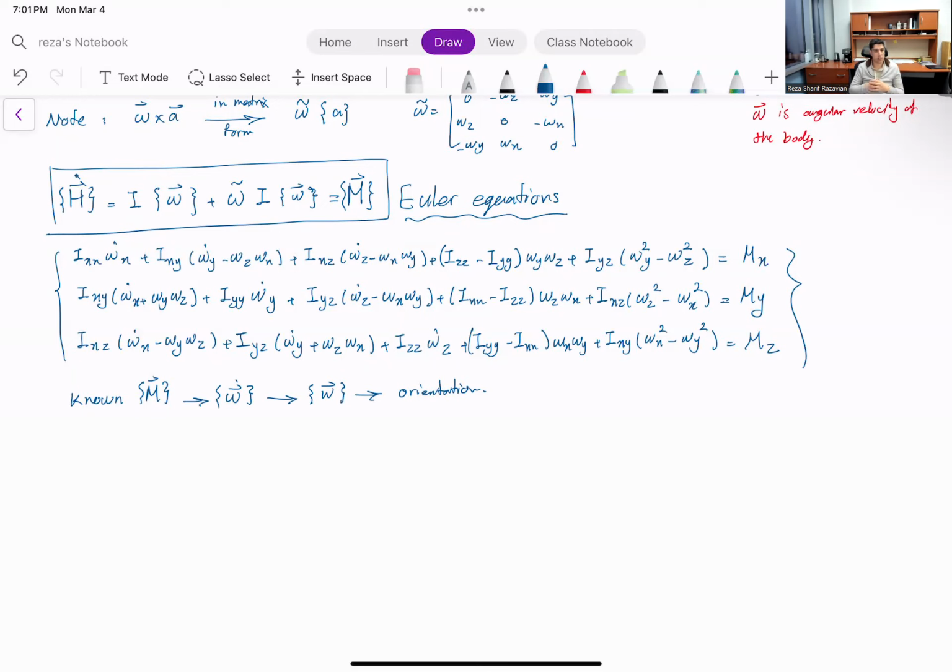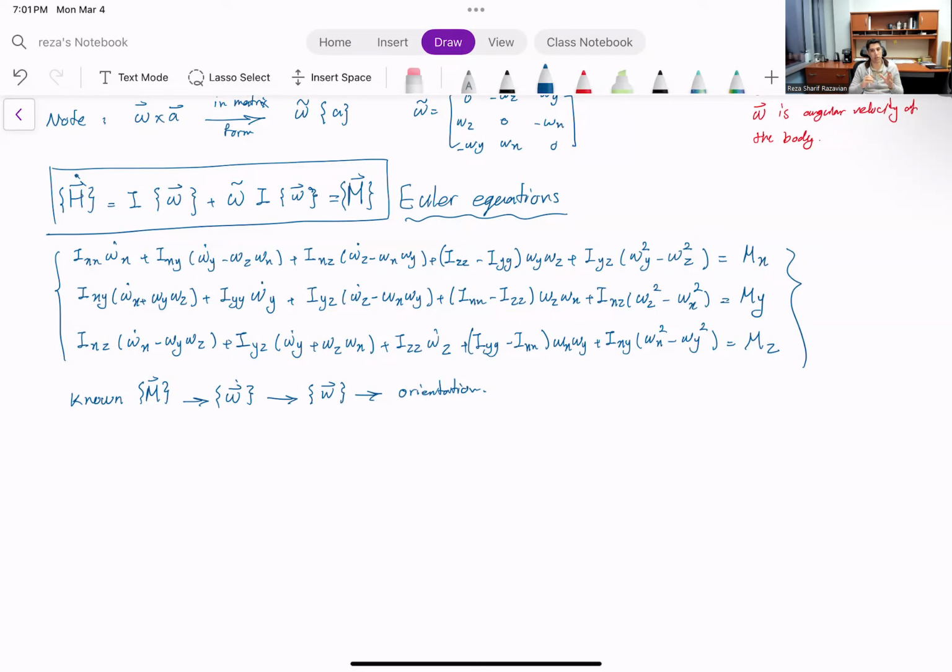As you can see, these equations are significantly more complex than Newton's equation, which was m x double dot equals f, or m y double dot equals fy. One very interesting thing about 3D rotation is the existence of a lot of these coupling terms.